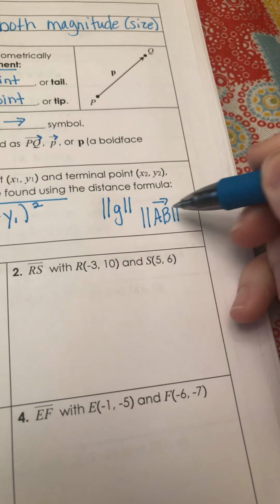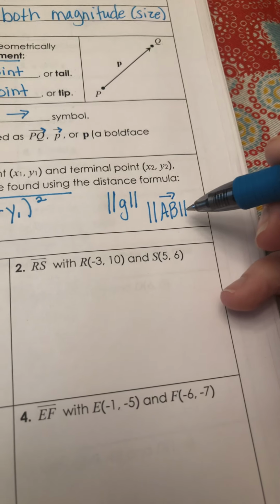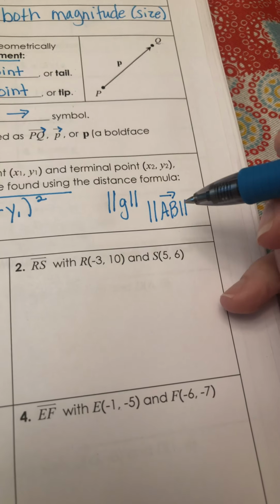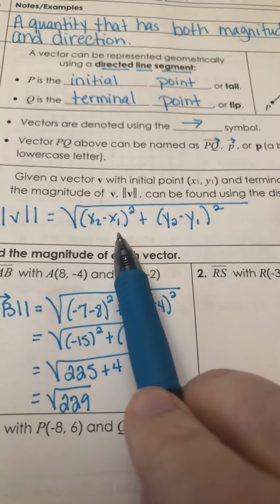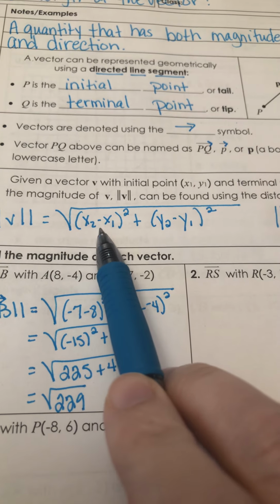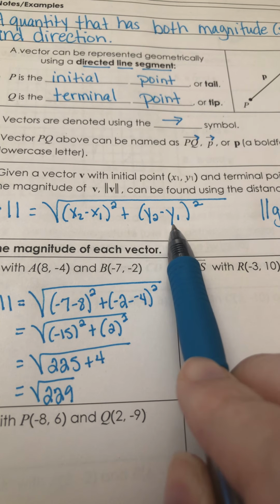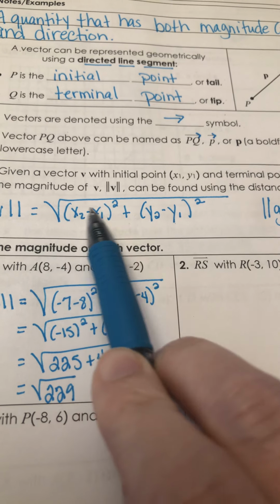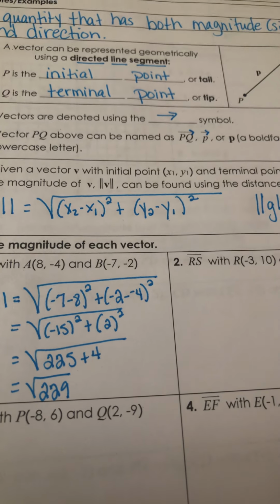So when you see those vertical parallel lines, you know you're talking about magnitude, which is the length of your vector. You can find magnitude by using the distance formula: x2 minus x1 squared plus y2 minus y1 squared. Take the whole thing and find the square root, and that'll give you your magnitude.